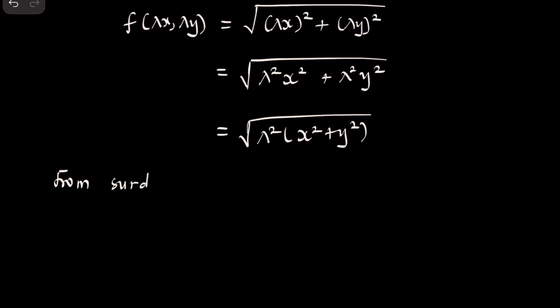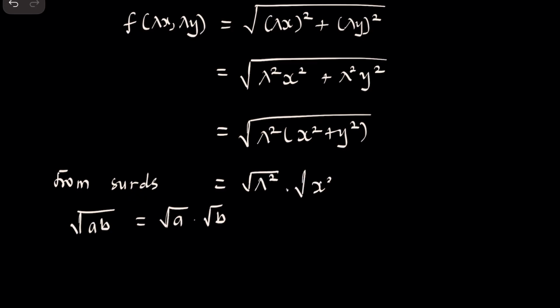From sets, if we have square root of a b, this is the same as square root of a times square root of b. We apply the same idea here, and so we can rewrite this as square root of lambda squared times square root of x squared plus y squared.